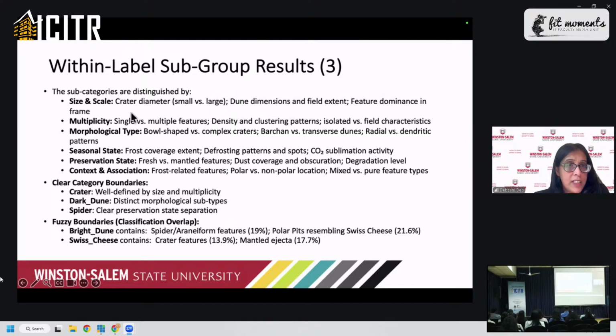The subcategories are distinguished by size and scale, multiplicity, meaning whether it is a single or multiple features, morphological type like bowl-shaped or complex crater or other shapes, and seasonal states, like whether it is frost-covered, meaning winter season, or defrosting patterns, or something else indicating warmer seasons, and preservation.